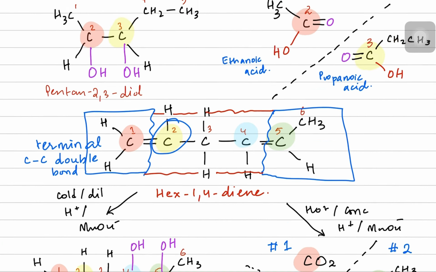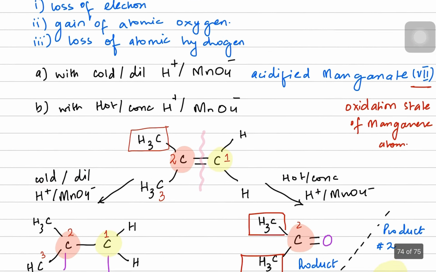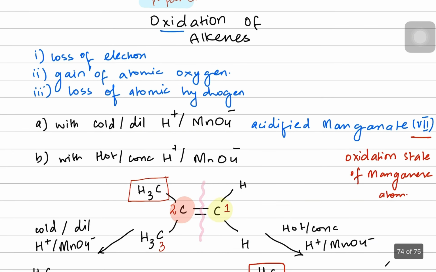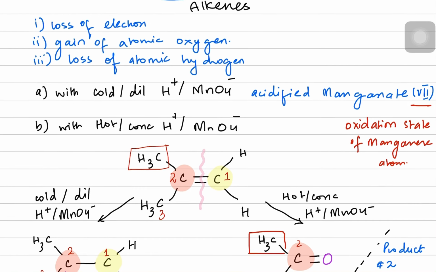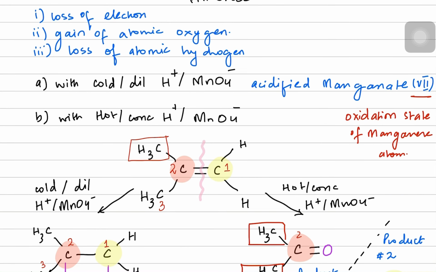So in today's video, we revised the reaction of oxidation of alkenes. We said that the cold dilute acidified manganate, which is by the way purple in color, or the hot concentrated manganate, which is again purple in color, has two different kinds of reactions.